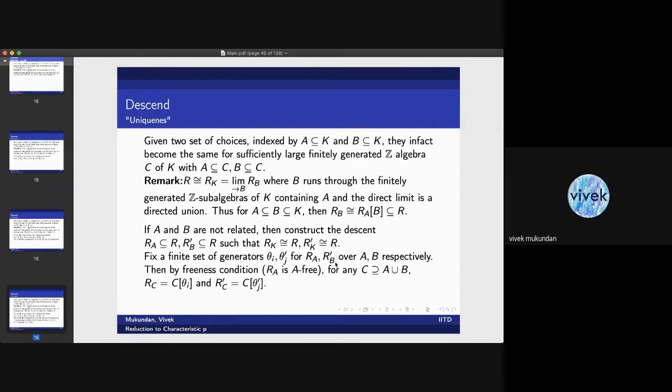Then by the freeness condition, for any C which contains A union B, R_C is C adjoin theta_i and R_C prime will be C adjoin theta_j prime. But if your C is sufficiently large, containing both A and B, then theta_j prime is in R_C, and you have that R_C is C adjoin theta_i and theta_j prime. Similarly, the same logic will tell you that theta_i will be inside R_C prime, therefore they are basically the same algebra.